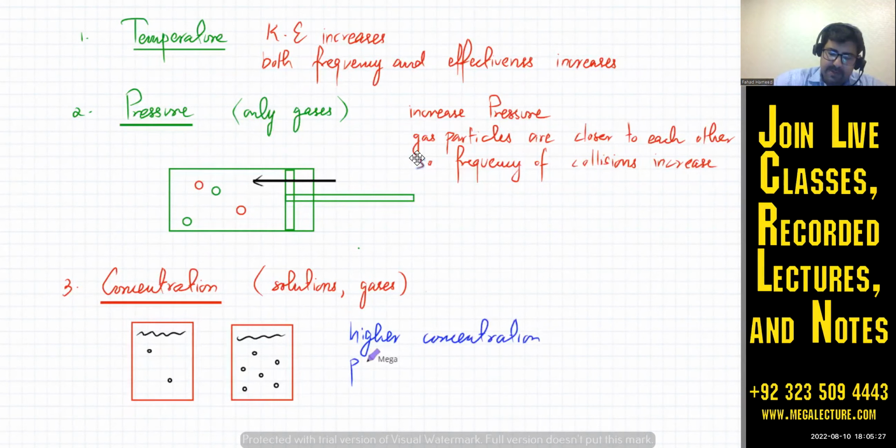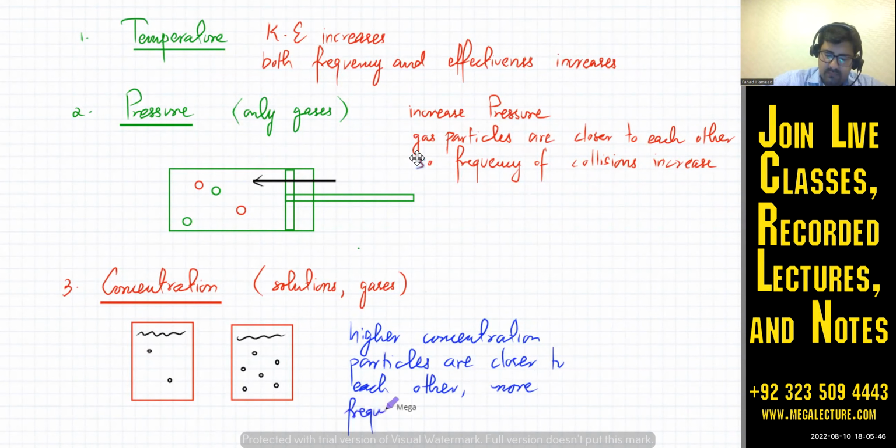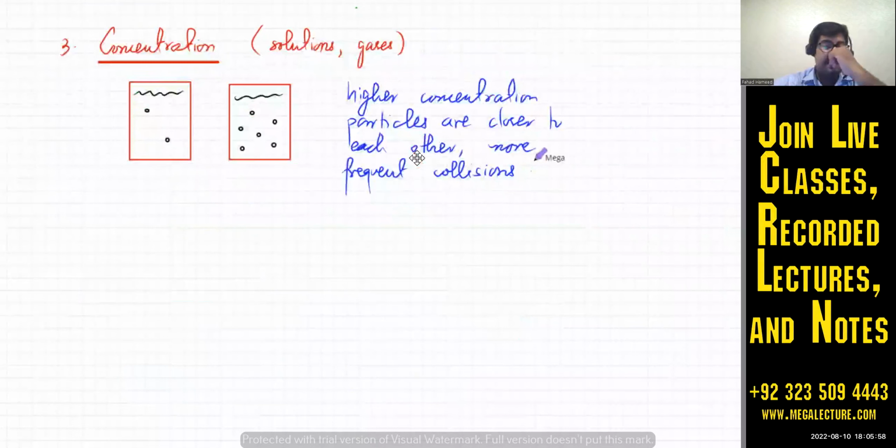So similar to pressure, particles are closer to each other and more frequent collisions. So you got more frequent collisions, but again, frequency, not the effectiveness. The particles are not gaining energy, so they'll bump into each other with almost the same force.